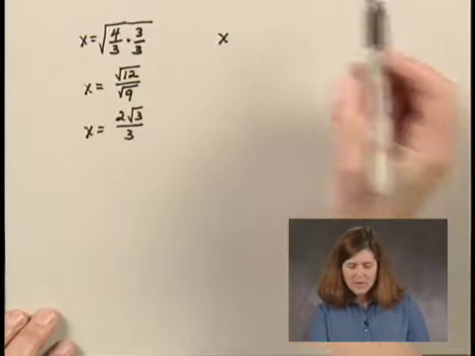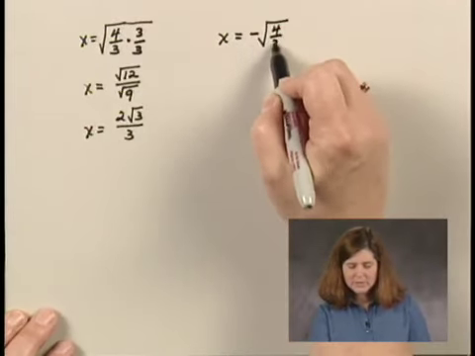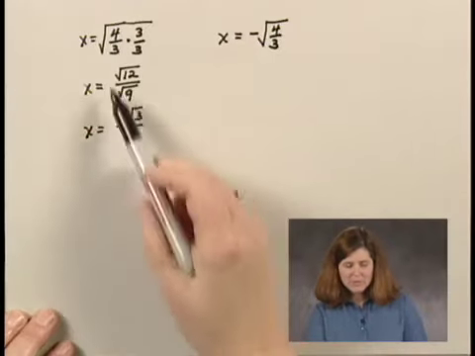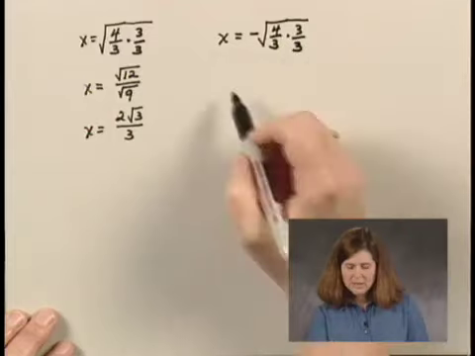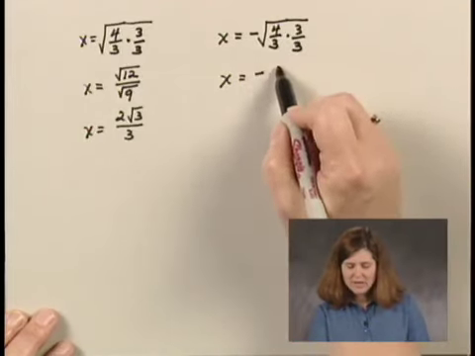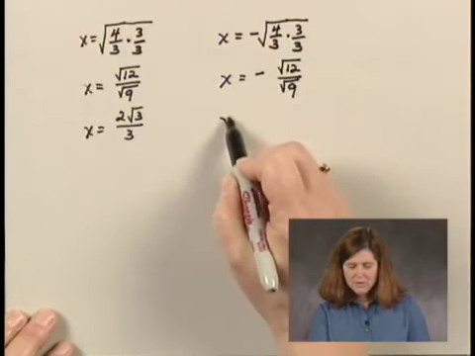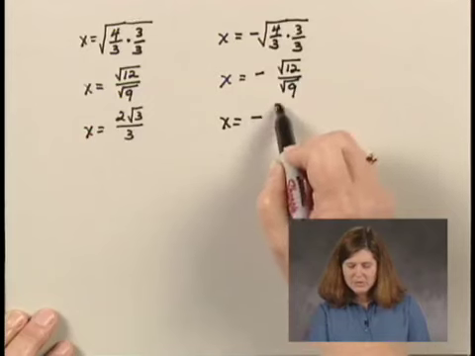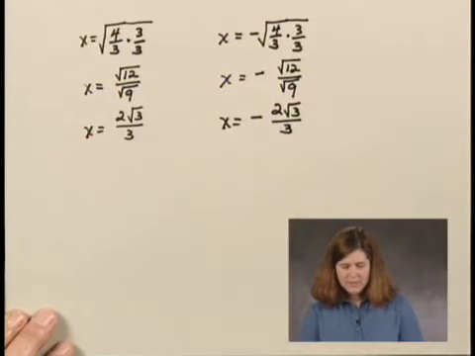The other answer we had was x equals the opposite of the square root of 4/3. And doing a similar type of rationalization, multiplying by 3/3, it's going to look exactly the same, only with a negative sign out front. I have the opposite of the square root of 12 over the square root of 9, or x equals the opposite of 2 times the square root of 3 over 3.